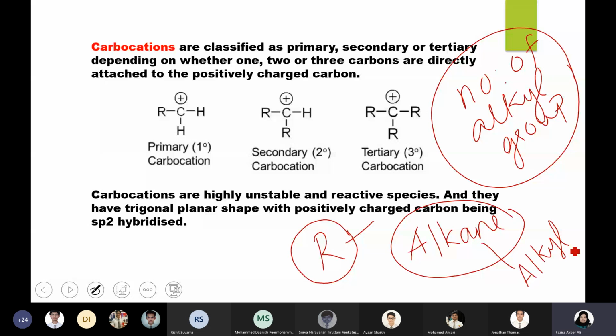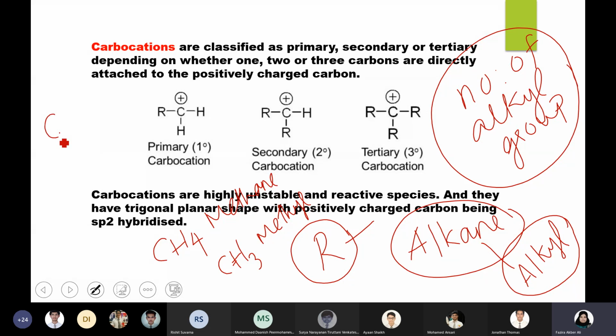This alkyl will have one hydrogen less than the formula of an alkane. We discussed the formula of methane, CH4. When methane comes as a branch, we call it methyl, with one hydrogen less. So this is methane and this is methyl. Similarly, all saturated hydrocarbons, that is alkanes, can be represented as alkyl groups by removing one hydrogen from the formula.